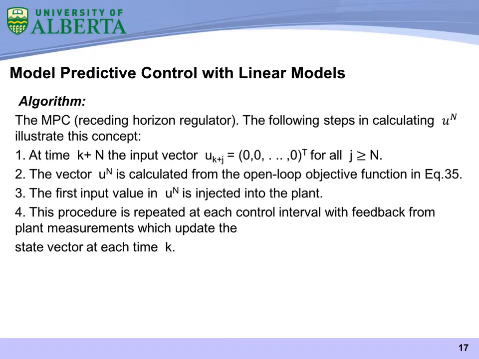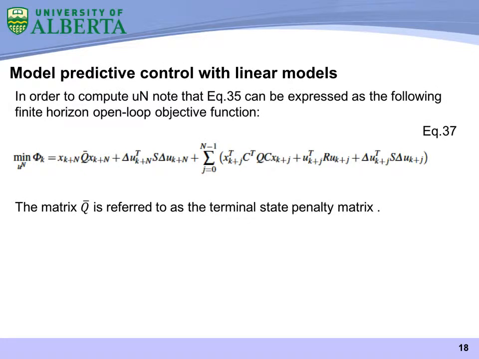In other words, we have minimization of the following open loop quadratic function. We solve, we obtain the u, we apply, we repeat. Solve, apply, repeat, and this repeats as we march through time.